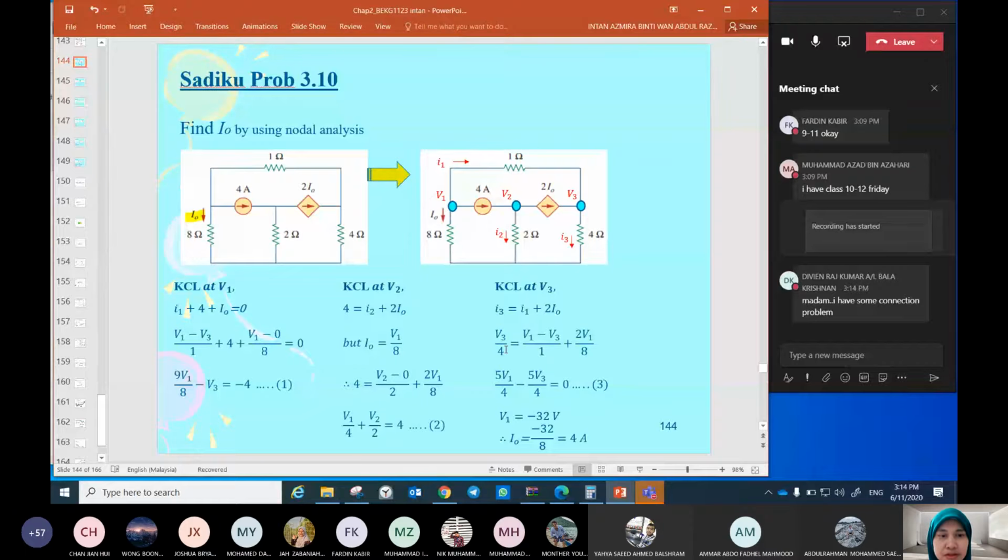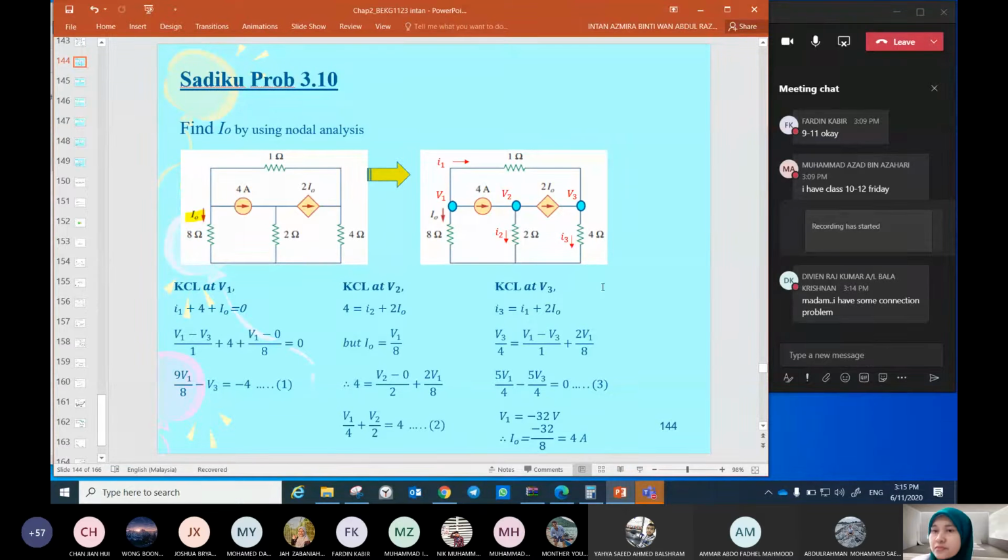Rearrange, and then solve these 3 equations using a calculator. Finally, we get V1, V2, V3. I just write V1 here, because we want to know I0, which is V1 divided by 8. I0 is equal to 4 amps.